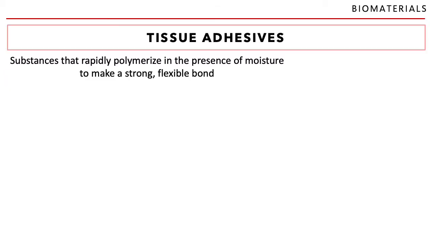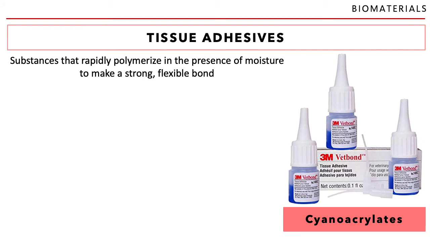Tissue adhesives are substances that rapidly polymerize, or madaling nagdidikit-dikit, in the presence of moisture to make a strong, flexible bond. The active ingredient in these is what we call cyanoacrylates. This is vet bond. The cheaper version is the mighty bond.